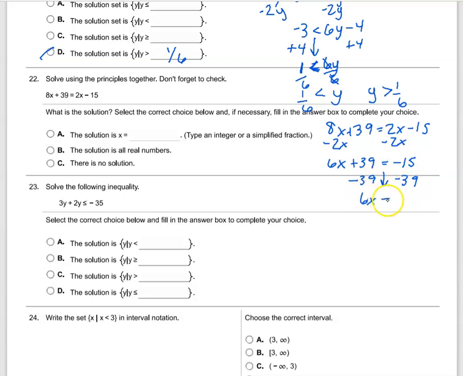And so 6x is equal to negative 54, divided by 6. So x is negative 9.